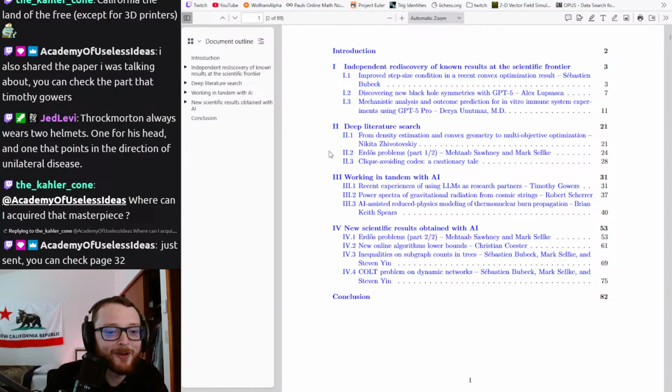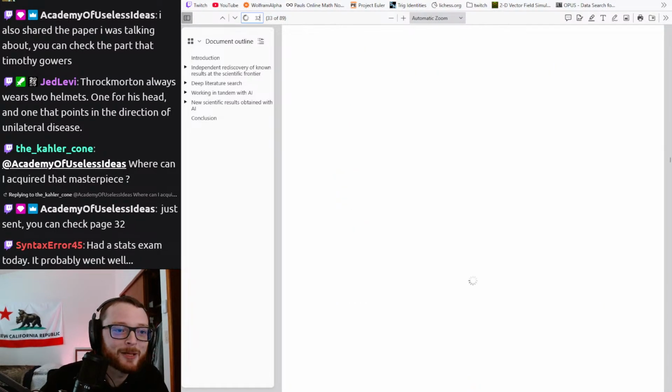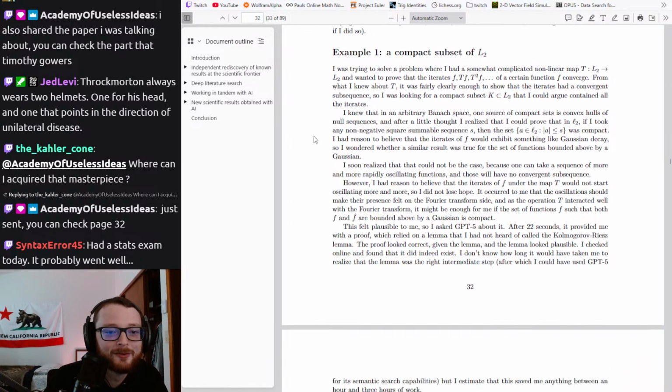I think Colorcone might be talking about the other masterpiece, not this paper, Slim. But page 32 is the interesting one. A compact subset of L2.